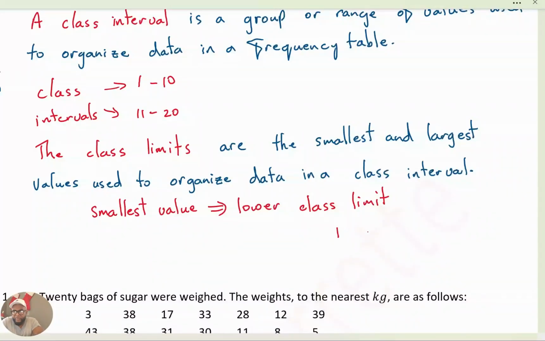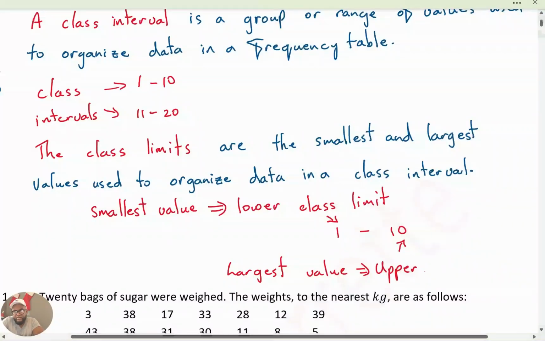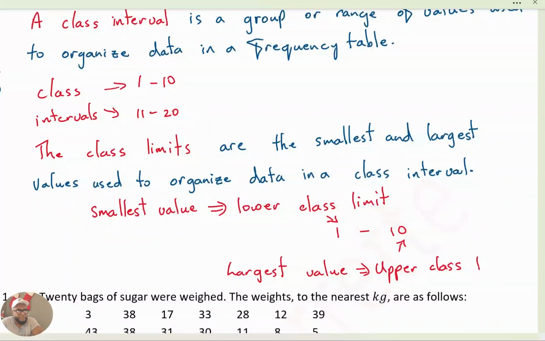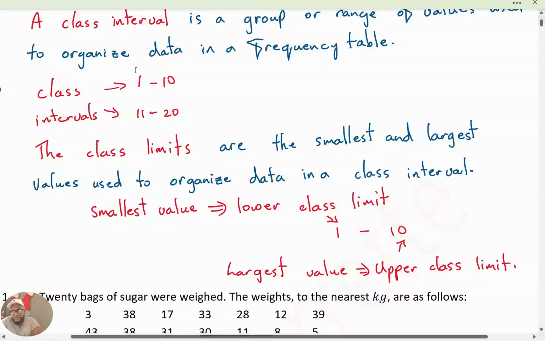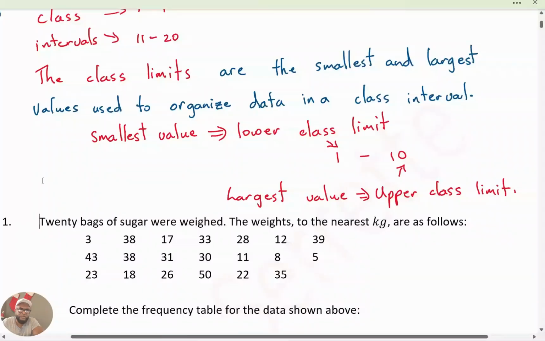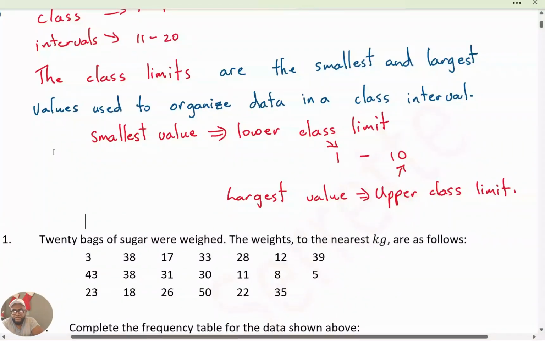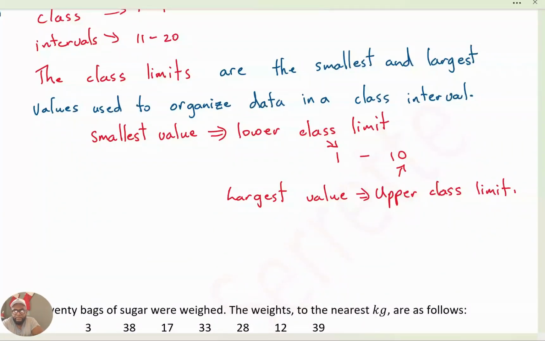So if we deal with the class interval 1 to 10, 1 will be the lower class limit, and then 10 would be the largest value, which is the upper class limit. Okay, upper class limit, lower class limit.